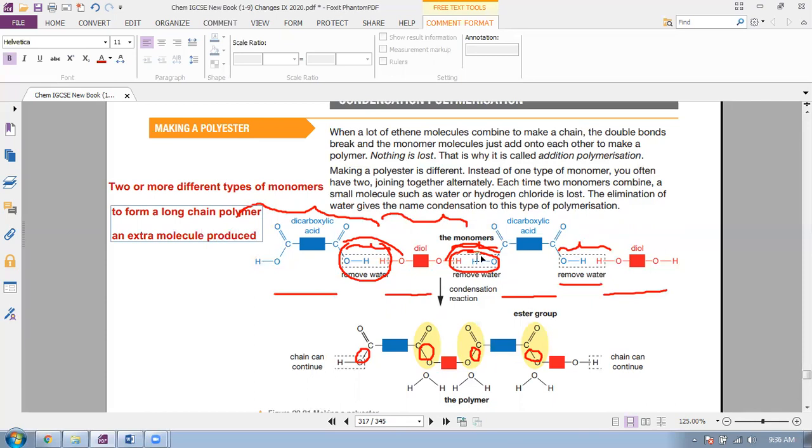In this case, it is water, and the monomers are dicarboxylic acid, one type of monomer, and diol, another type of monomer.